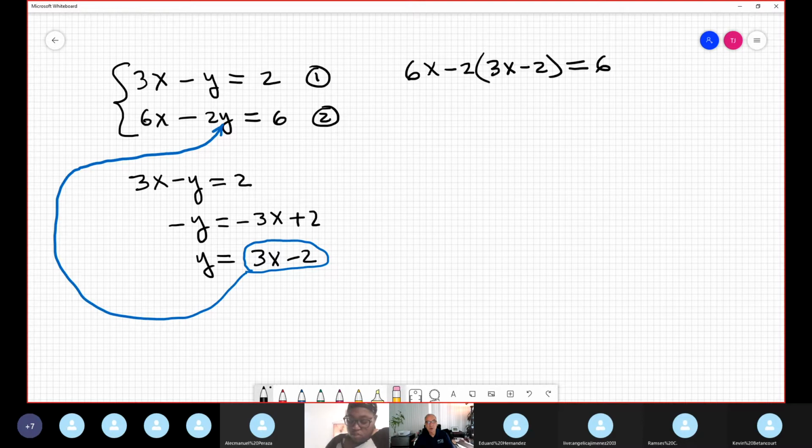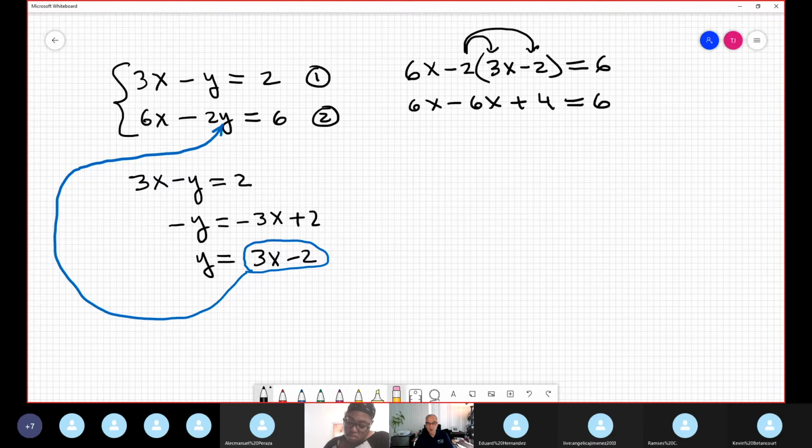Okay, now we have only one unknown, x. Apply the distributive property to remove the parentheses: 6x minus 6x, because 2 times 3 is 6, and negative 2 times negative 2 is positive 4, equals 6.